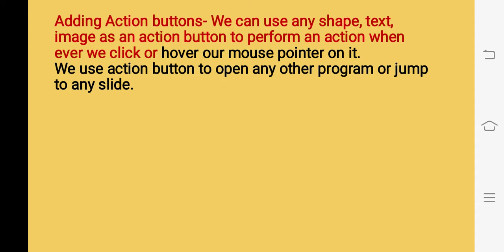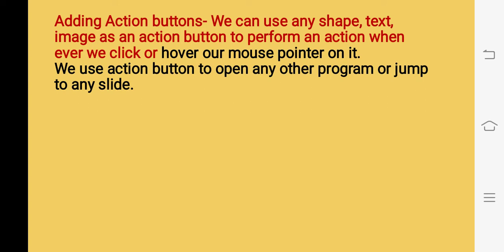Adding action buttons. Children, in our presentation, if we like, we can also use action buttons. What is the meaning of action buttons? When we click on the action buttons, they perform some actions. They can open other slides, other software, or websites.